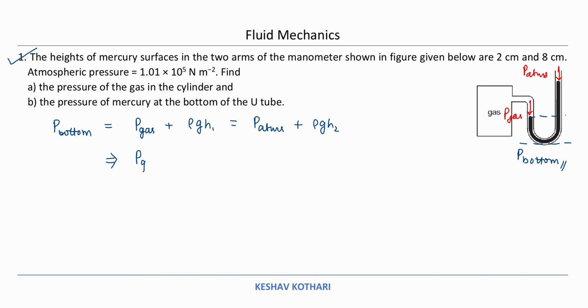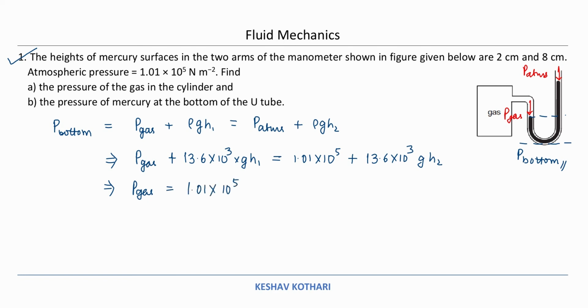So pressure due to the gas in the cylinder plus density of mercury, 13.6 × 10^3, into g h1, is equal to pressure due to atmosphere, 1.01 × 10^5 Pascal, plus 13.6 × 10^3 g h2. Hence the pressure due to the gas chamber is 1.01 × 10^5 plus 13.6 × 10^3 into 9.8, acceleration due to gravity, into (h2 minus h1).